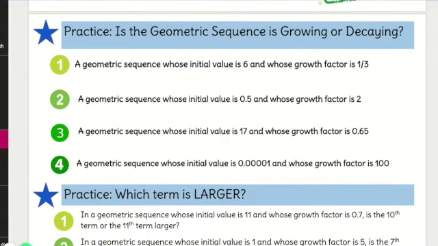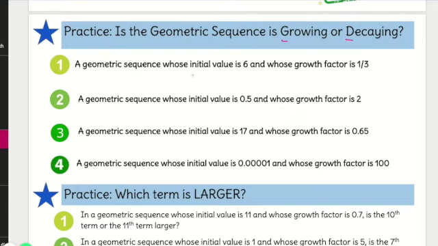Okay, here are some practice problems that you can work on. You're going to say if the geometric sequence is growing or decaying. You can use a text box to put your answers in. You can put a G or a D to signify that.